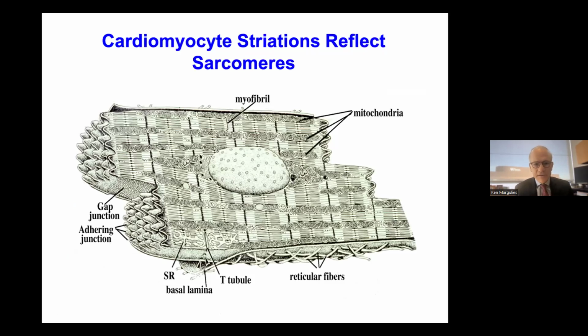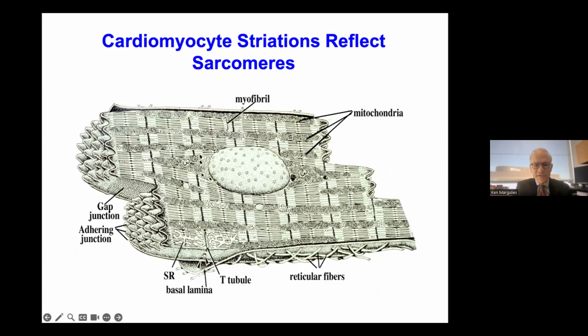If we drill down a little deeper, this is a cartoon based on electron microscopy level magnification of a portion of an isolated myocyte. What's highlighted here is that it's packed with myofibrils, shown in a very organized sarcomeric pattern, and that between every set of myofibrils are lots of mitochondria, because these are very energy-consuming processes.